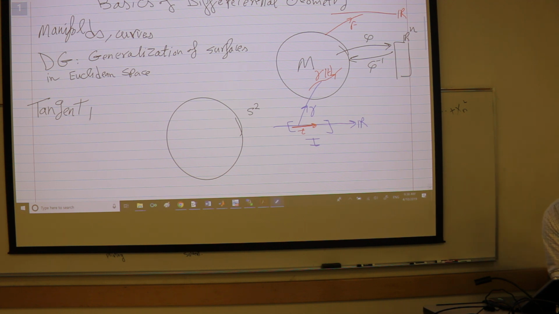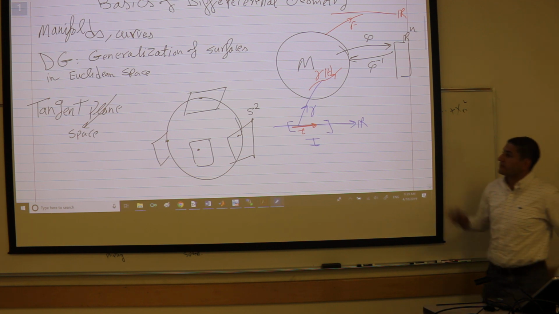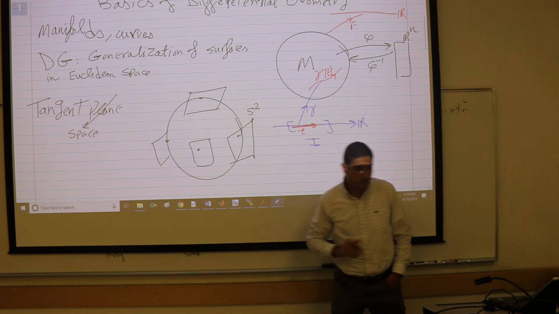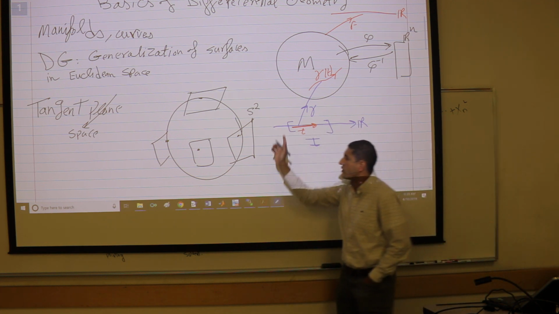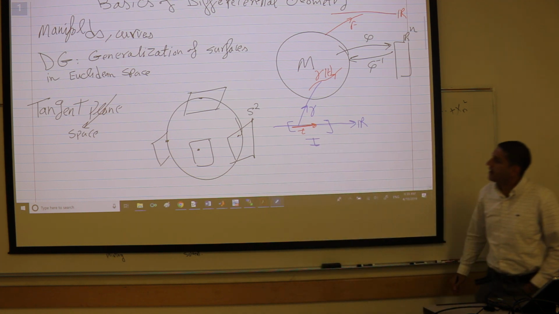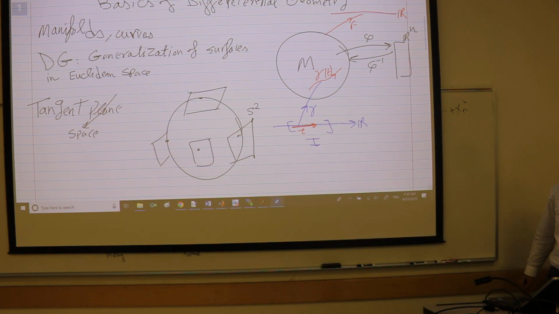We have a tangent plane, and if it's higher dimension, we call it tangent space. So for S2, for the sphere, at this point I have this tangent plane, at that point I have this tangent plane, and so on. And it's different from one point to another, so I have to stress the point in my definition.